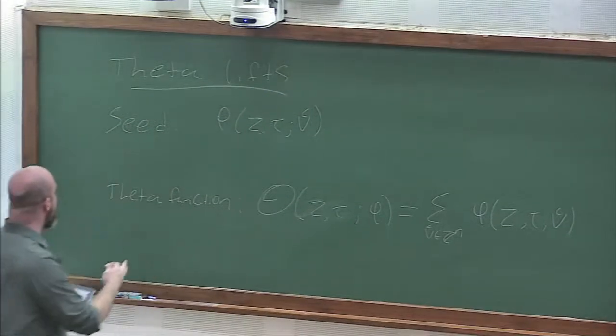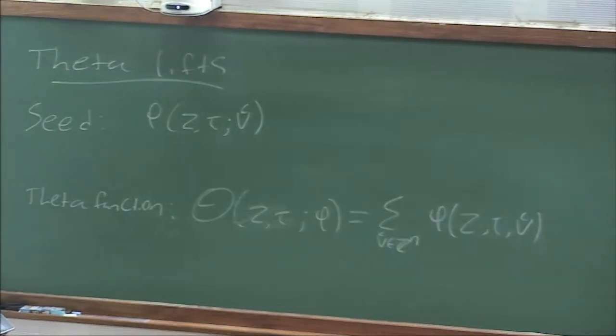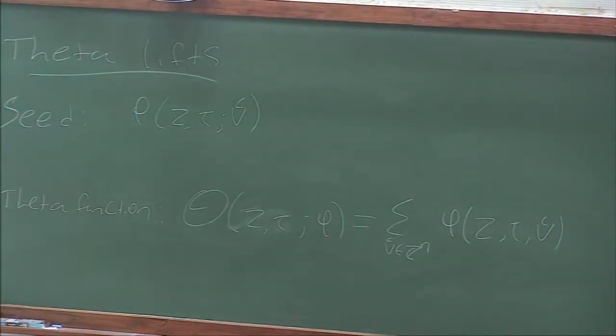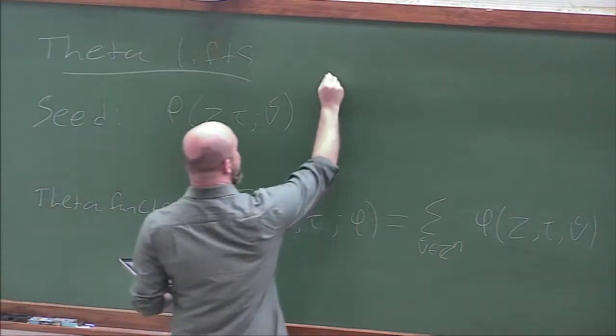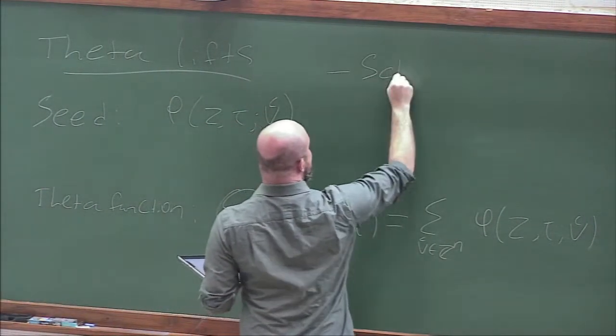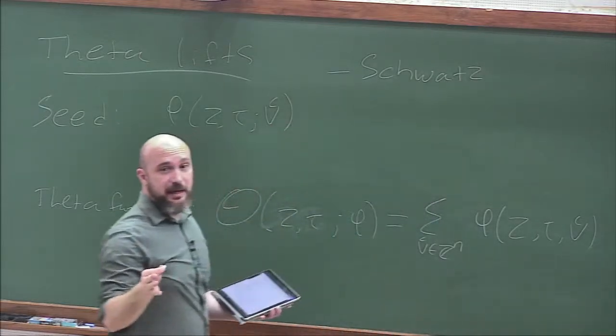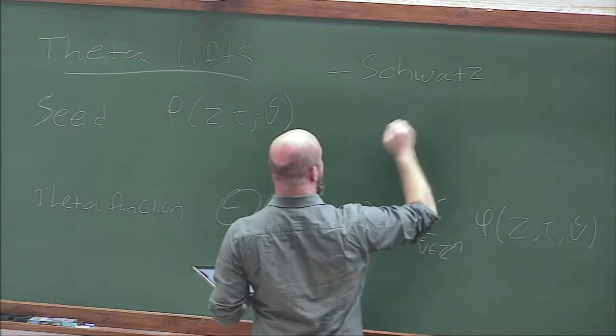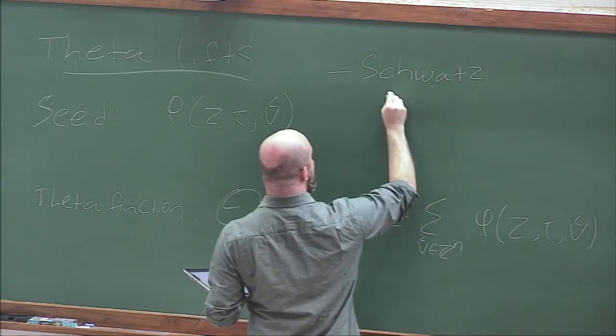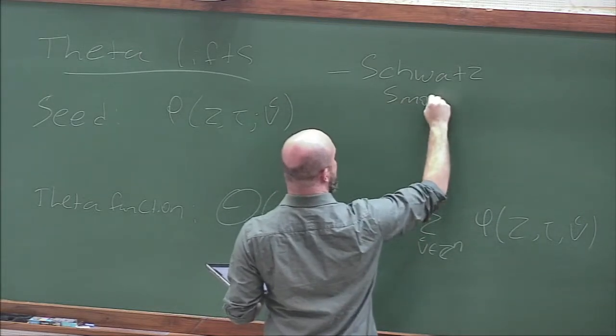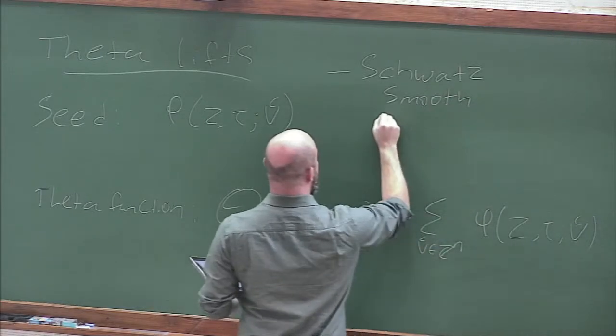Now, since I'm calling this a theta function, I need some properties for my seed. Some of the properties I need here is I need this to be a Schwartz function. And again, what that means for our purposes here is it should be smooth and rapidly decaying.